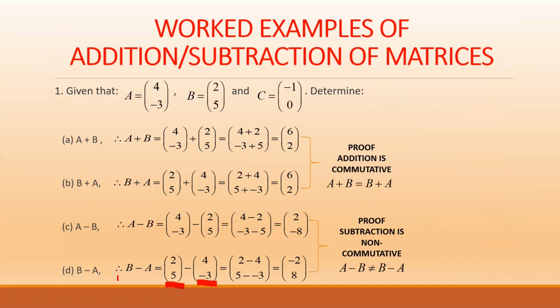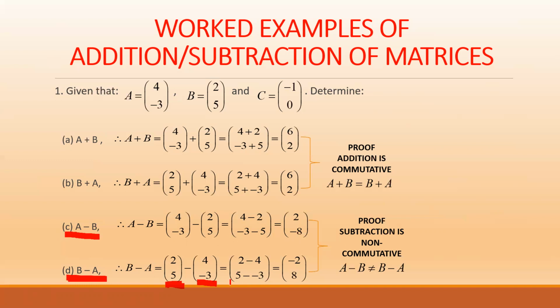So guys, we have to follow exactly what the question tells us to do. So the question says B first, take away A. So we insert matrix B first, and then we take A from that, right?